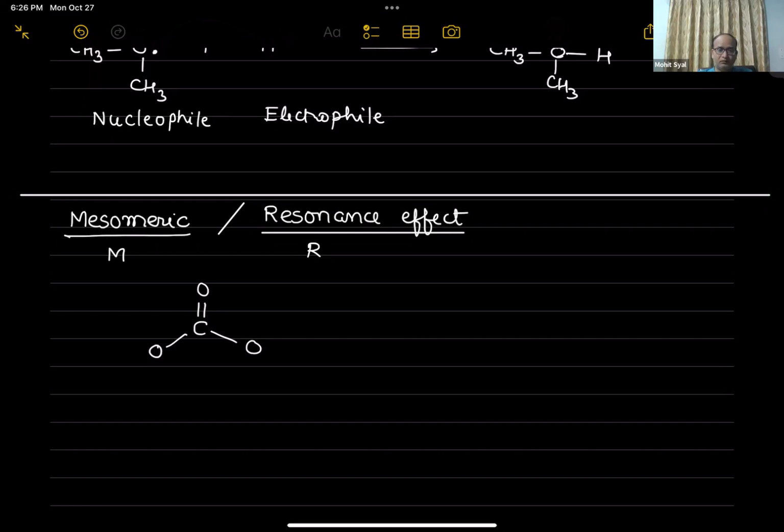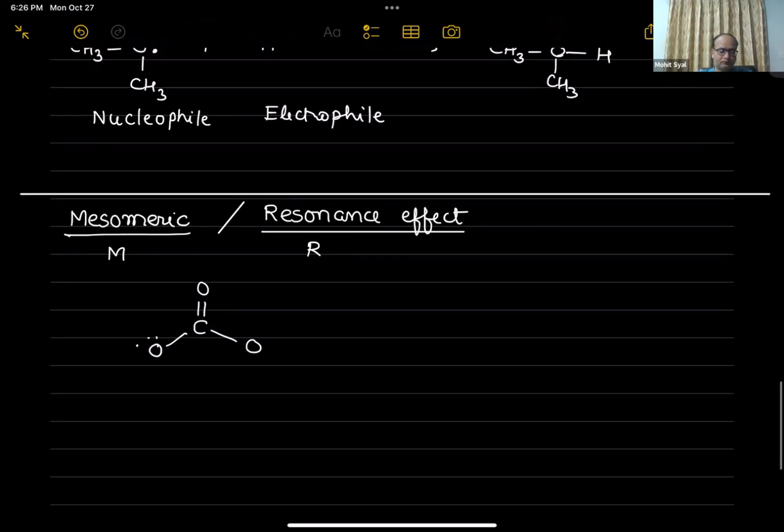Where is it found? Carbonate ion. In limestone. Yeah. So we have the Taj Mahal made up of calcium carbonate, okay? That is marble, right?